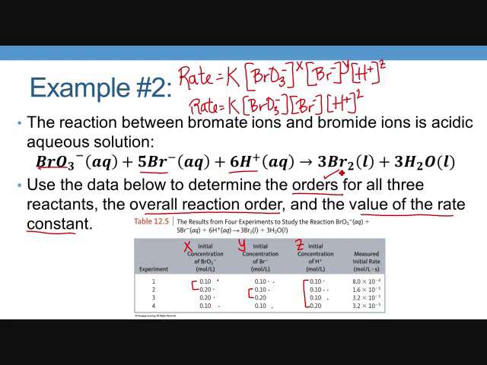To find the overall order, we just add those all up. So for the overall order, we would have 1 plus 1 plus 2 is a total of 4. So it is 4th order overall because we add up all of the exponents to get the overall order.